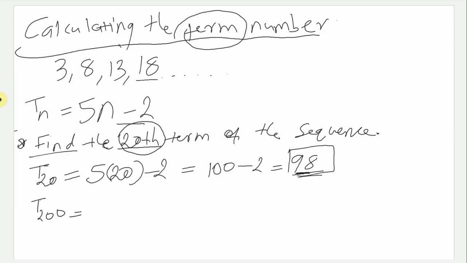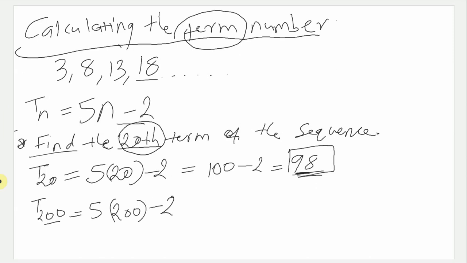Okay, T200. So the value of n now is 200. So 5 multiplied by 200 is 1000, minus 2.